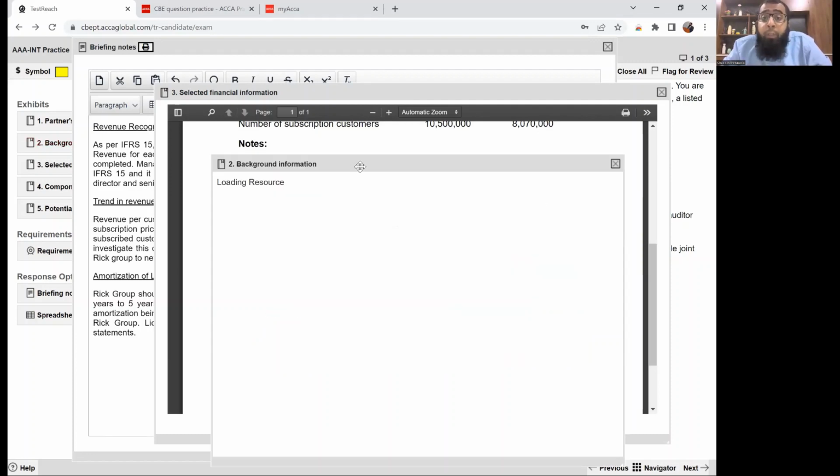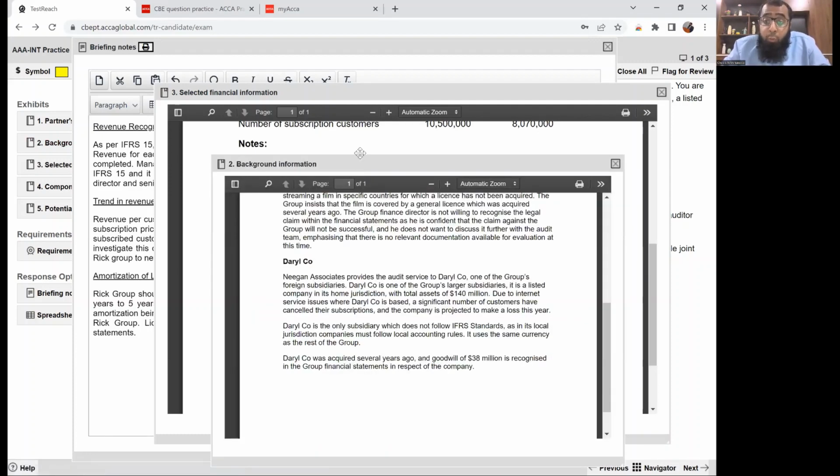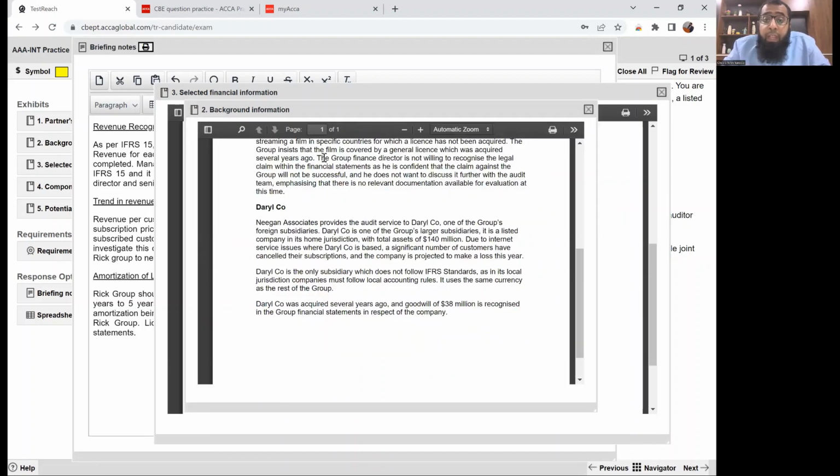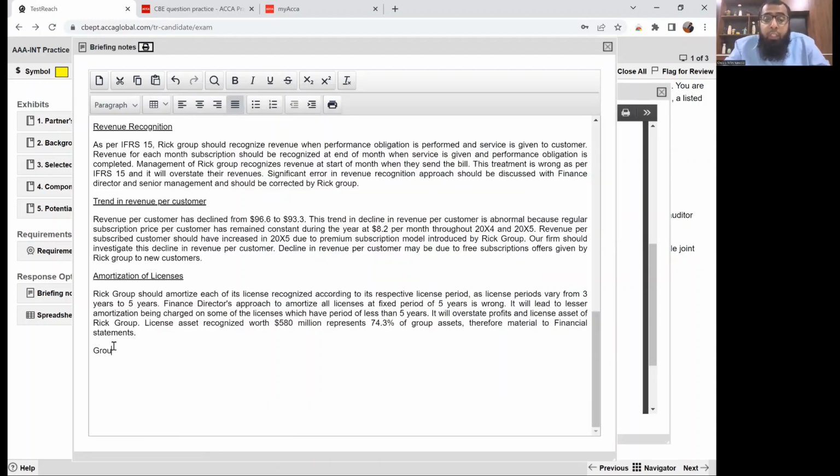And if you remember, in relation to the legal case also, the group finance director is not willing to recognize the claim within the financial statement, as he is confident that the claim against the group will not be successful. And he does not want to discuss it further with the audit team, emphasizing that there is no relevant documentation available for evaluation at this time. So we can write an audit risk relating to group finance director.